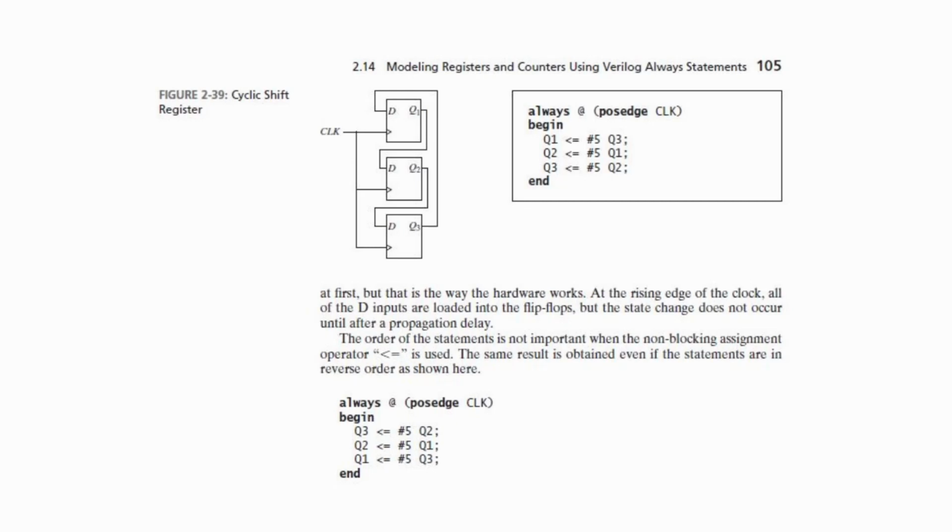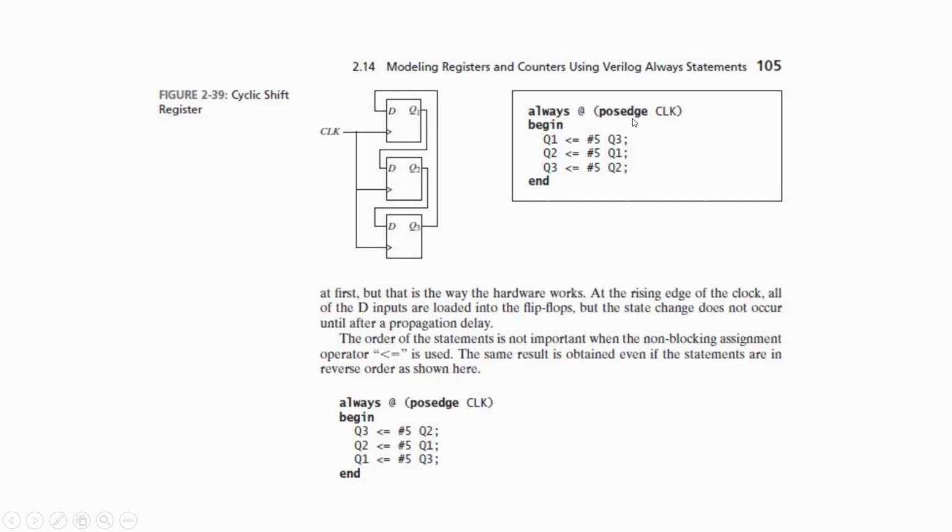So this is the program. We use an always statement. The always statement, as you know, is kind of like a while statement. Here the condition is at positive edge clock.